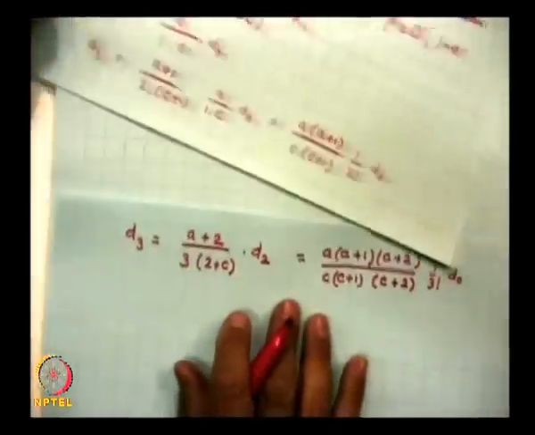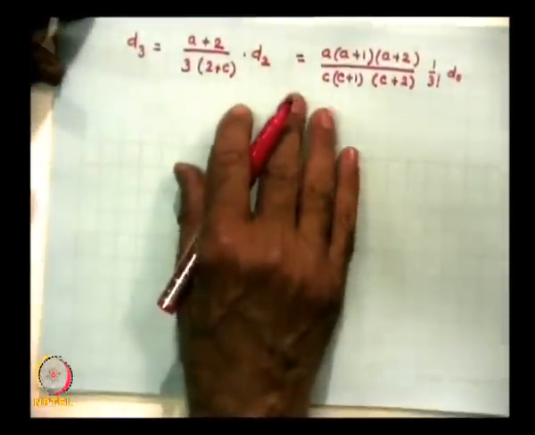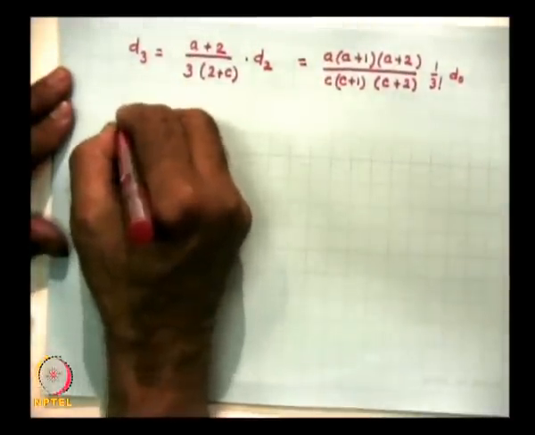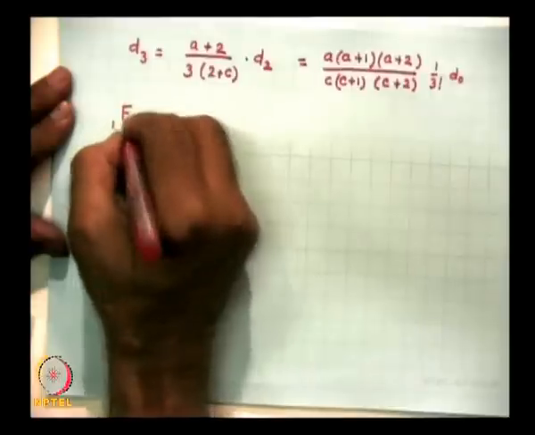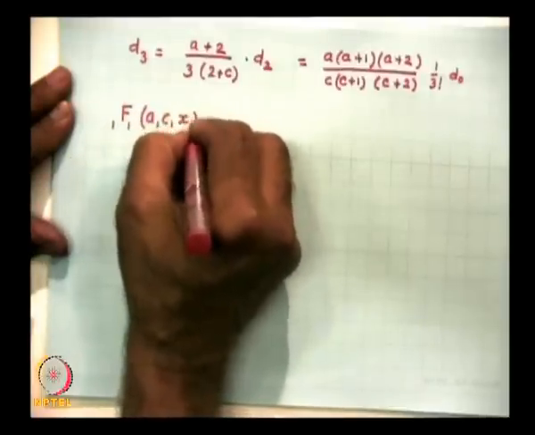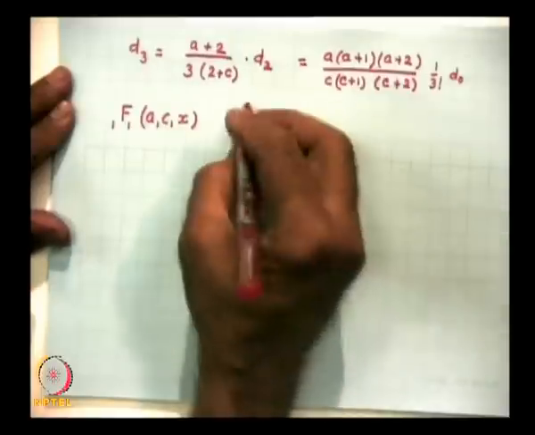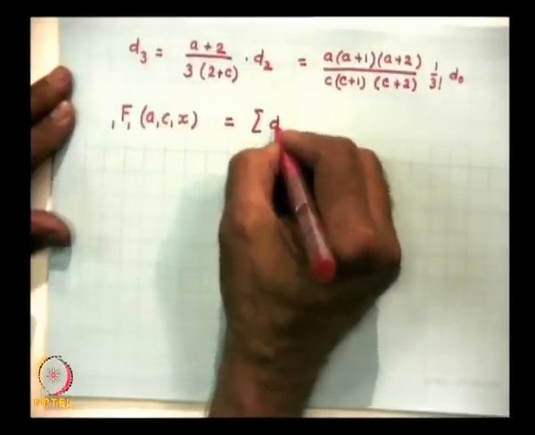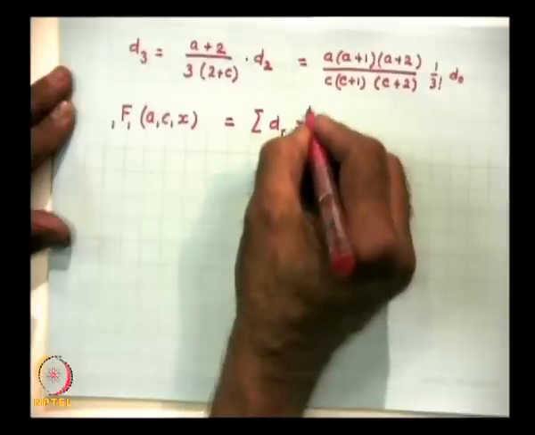So you obtain the infinite series that is like this. You write this down as f11 a c x. This is one of the solutions, which I had written down as dr x to the power of p plus r.